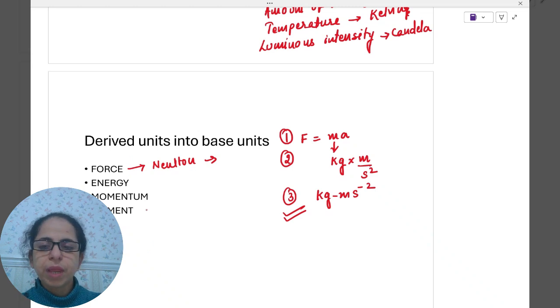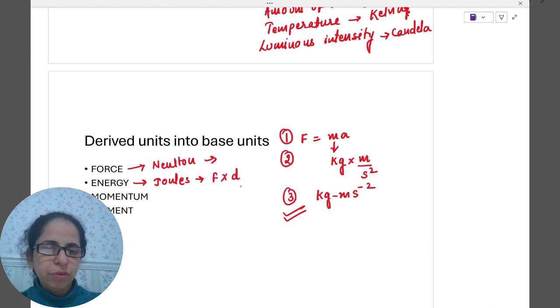Done. Let's try for energy. You can pause and try it yourself. If not, or if you have done it, let's just see. The derived unit for energy is joules. Now I am using the formula for work done because energy is also in joules. You could use mgh or half mv squared, but just to make life easy, I'm thinking of a formula for joules, which is force times distance.